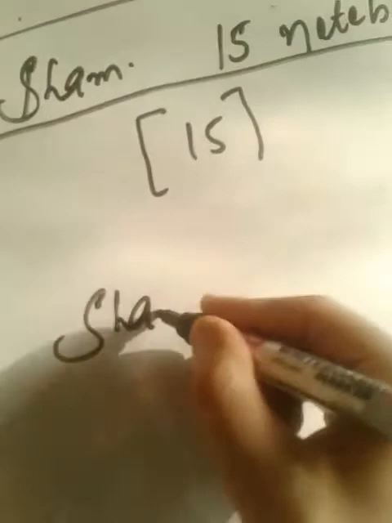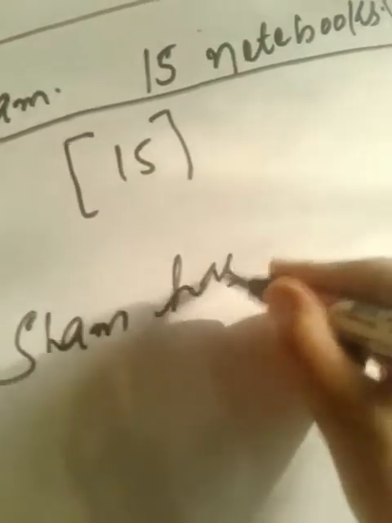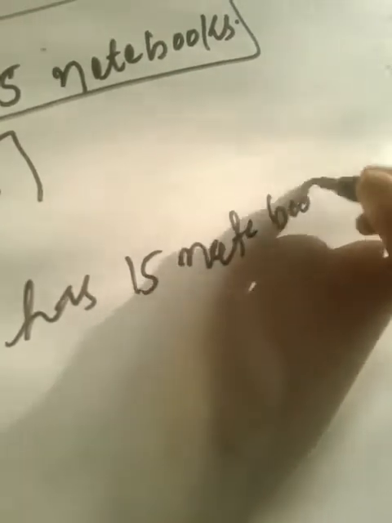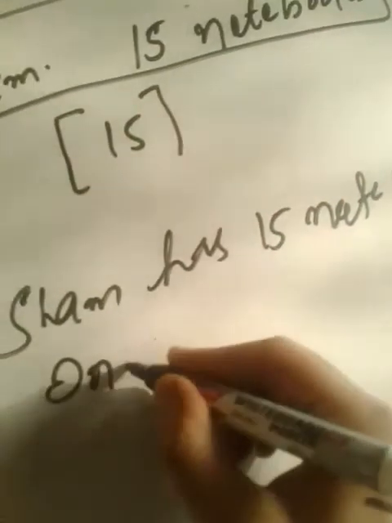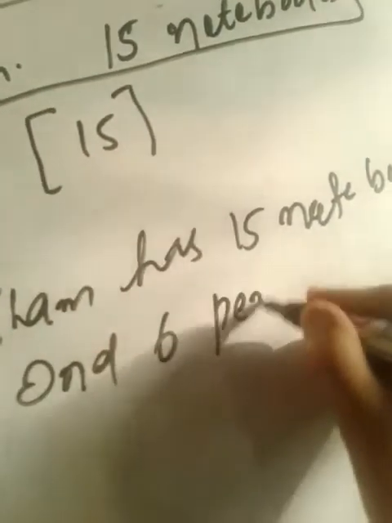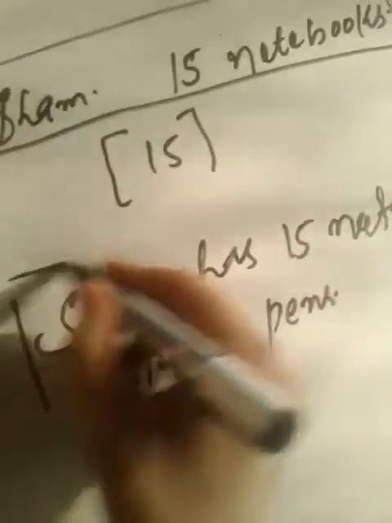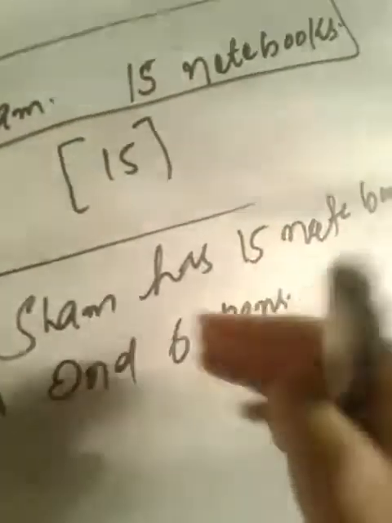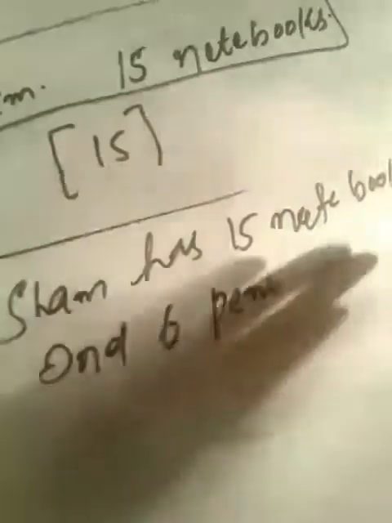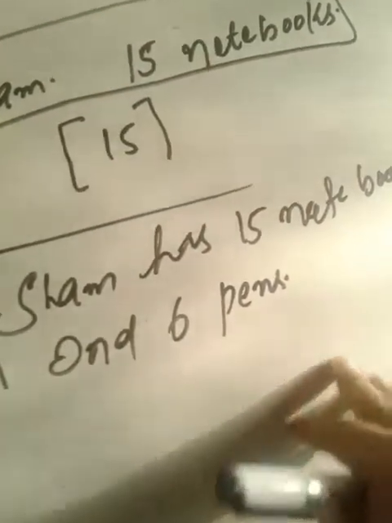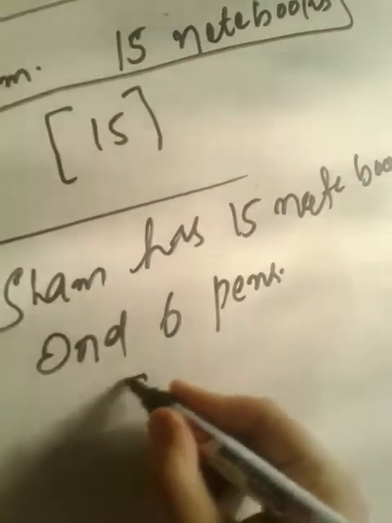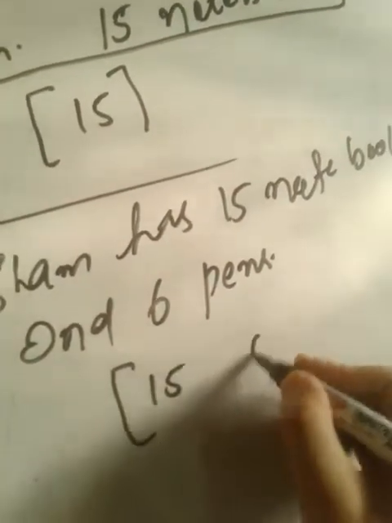Sham has 15 notebooks and 6 pens. If you look at this statement, it seems a very big statement, but to make it precise, we keep this information in brackets.